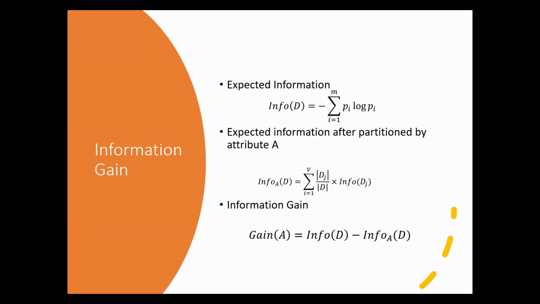What happens in this particular case when you take the starting point? The value there will be minus p log p. And then if you calculate the data using the information of Dj, you finally come up with the information Info(D).